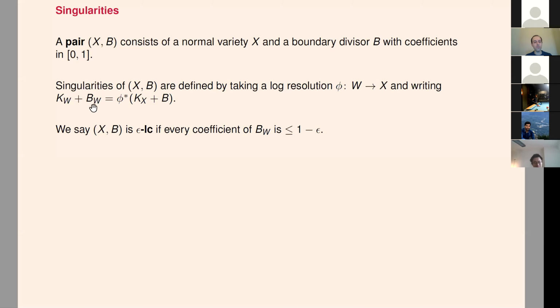So you get a new divisor on W, and by looking at the coefficients of this new divisor, you define your singularities. The larger the coefficients are, the worse the singularities. And if they are bounded by 1 minus epsilon for some epsilon, then we say that the singularities are epsilon-log canonical. Now, there are many different types of singularities.